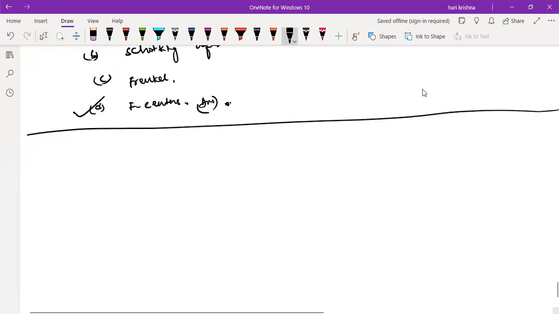Next one. In the case of a diamagnetic substance, is it attracted by the magnetic field or repelled by the magnetic field?